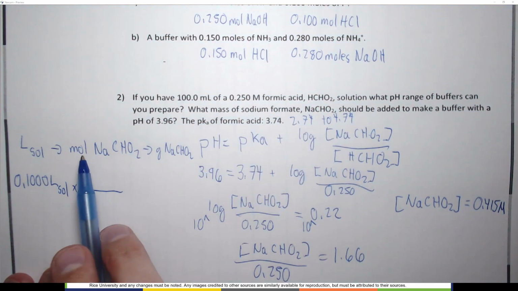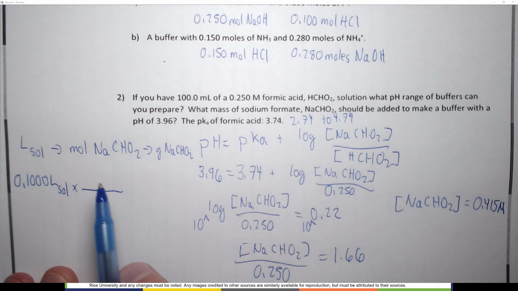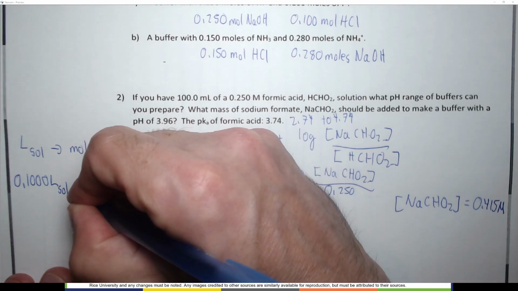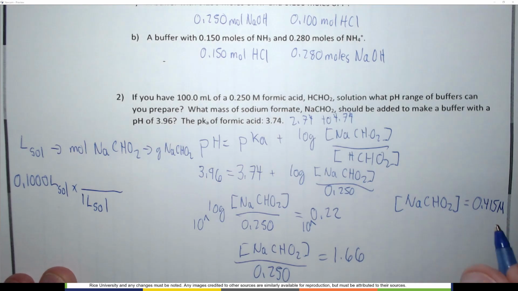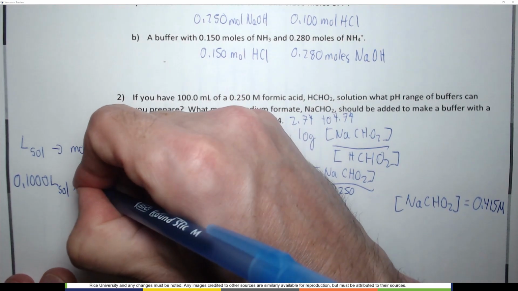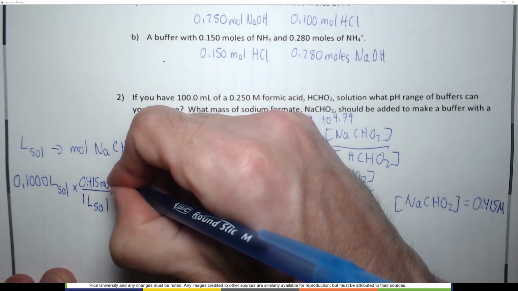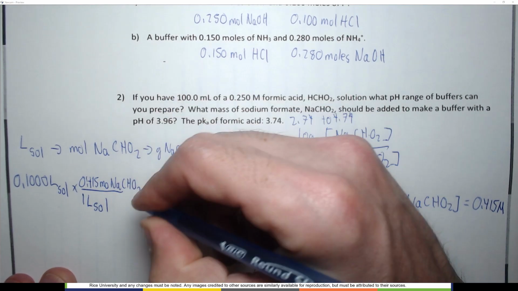Now we need to convert that to moles. In order to convert that to moles, we're going to use the molarity that we just found. For every 1 liter of the solution, it contains 0.415 moles of sodium formate, NaCHO2.